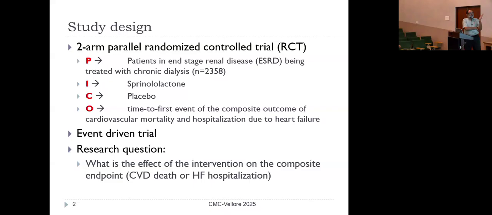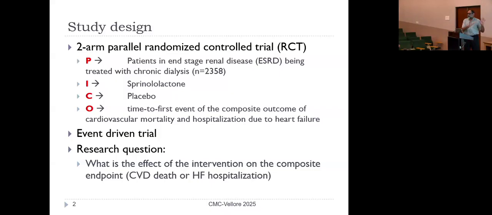And the O is the outcome. And here it is the time to the first occurrence of the composite outcome of cardiovascular mortality and hospitalization. So two things are put together. Hospitalization due to heart failure and cardiovascular mortality are married together into one single composite. The endpoint is a composite combination, but the outcome is the time to the first occurrence of that composite outcome.